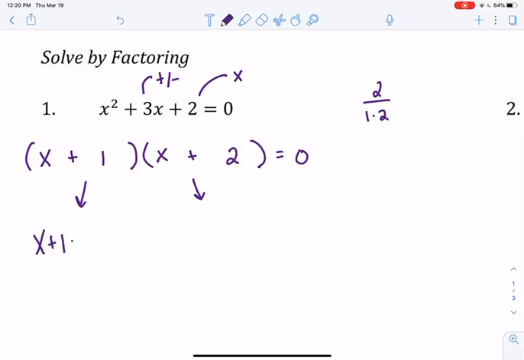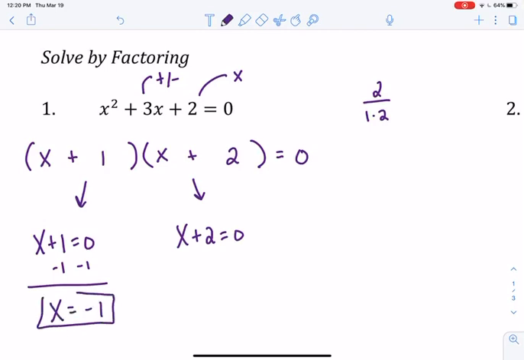So x plus 1 is equal to 0, and x plus 2 is equal to 0. These are both just one-step equations, so I'm going to subtract 1 on each side. So x is equal to negative 1. And over here, I'm going to subtract 2 on each side to get x by itself. So x is equal to negative 2. I have my solutions, and this problem is complete.